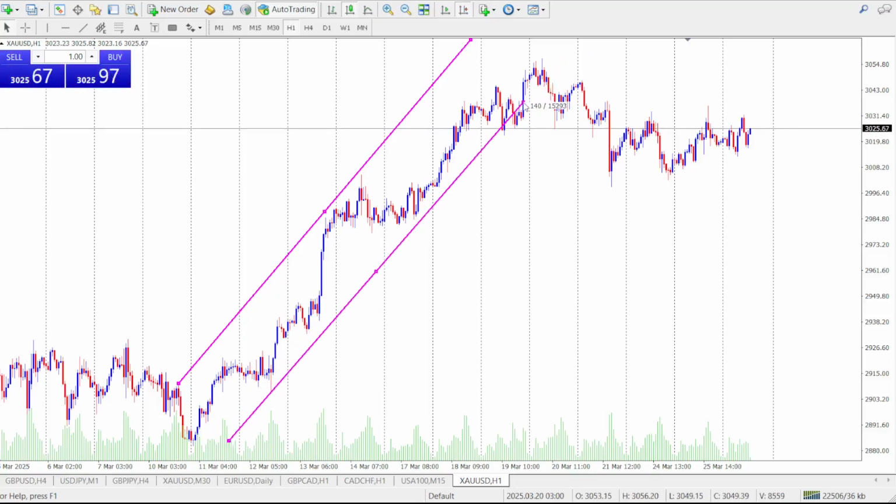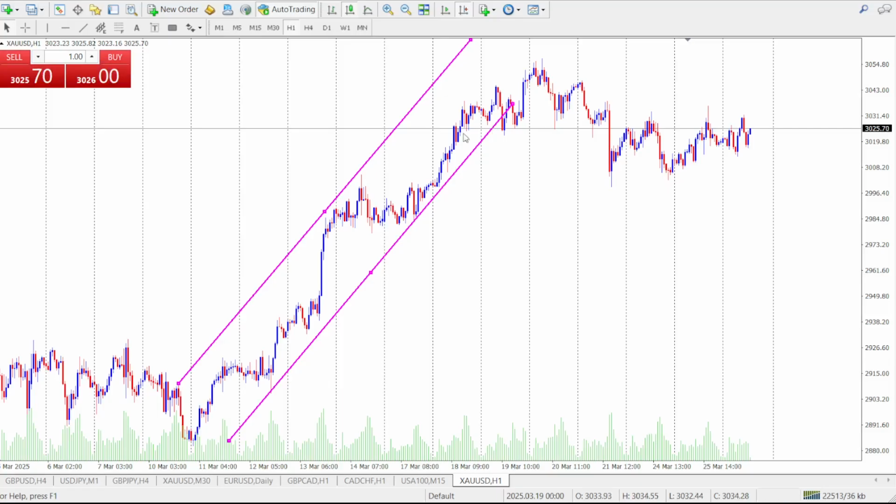So when you have an upward sloping parallel channel, with the formation of higher highs and higher lows within that channel, that is what we call an ascending channel pattern.